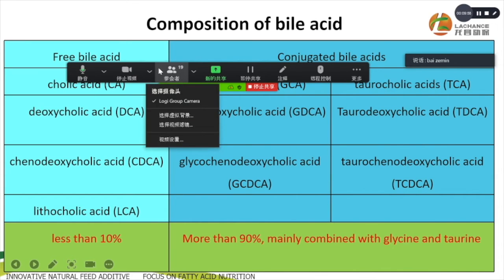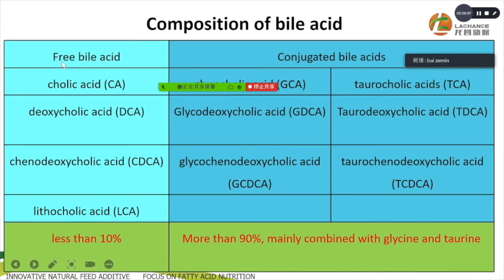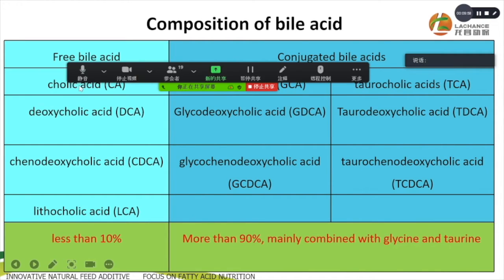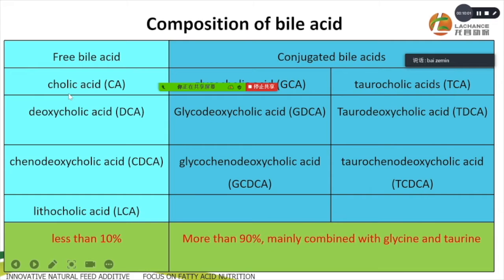Bile acids come as free and conjugated. Free bile acids, such as cholic acid, deoxycholic acid, chenodeoxycholic acid, are less than 10%.